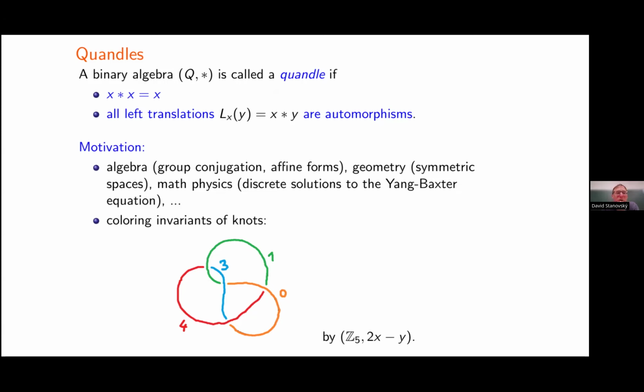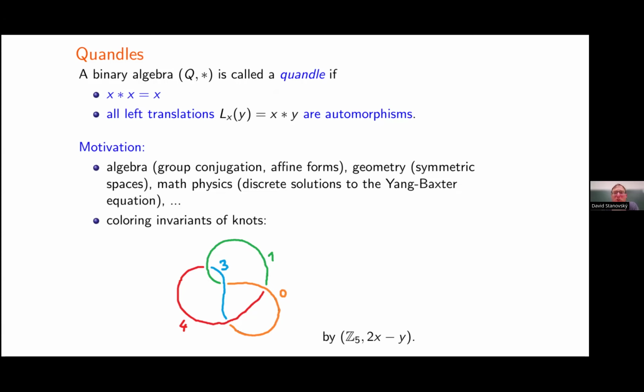Yeah. So what's the motivation behind this class? Why do I study these? Quandles appeared in many instances in mathematics. Group conjugation is an example of a quandle. I will talk about it on the next slide. Affine forms can be used to construct quandles.